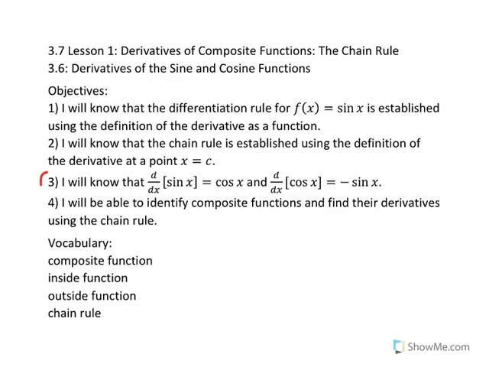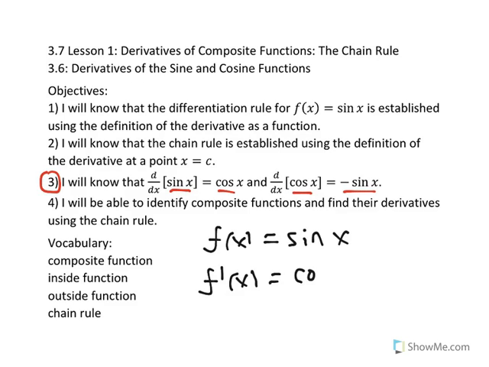Our third objective is just knowing that the derivative of the sine function is cosine, and the derivative of the cosine function is negative sine. So if you have a problem like f of x is equal to sine x, and you're being asked to find the derivative, you're going to write that the derivative is cosine x.